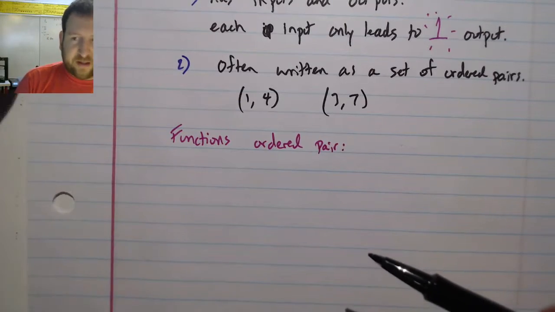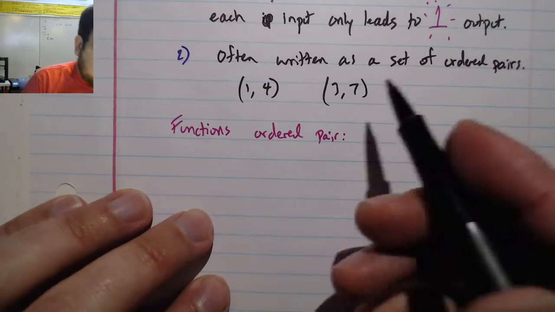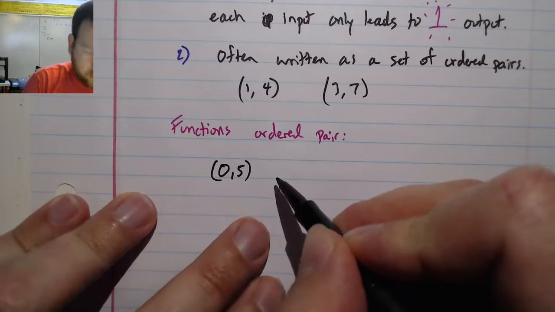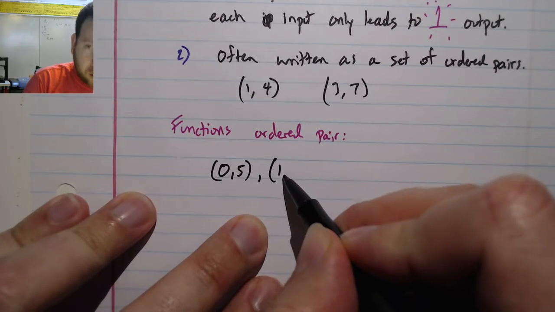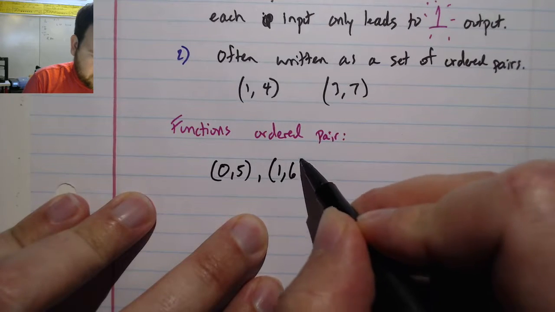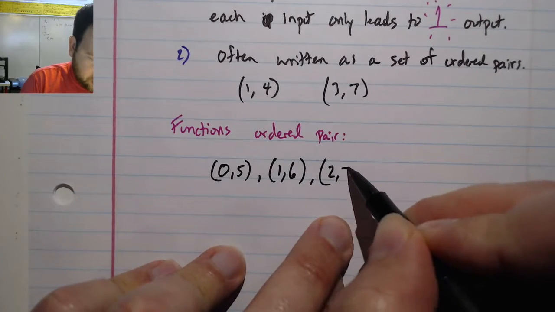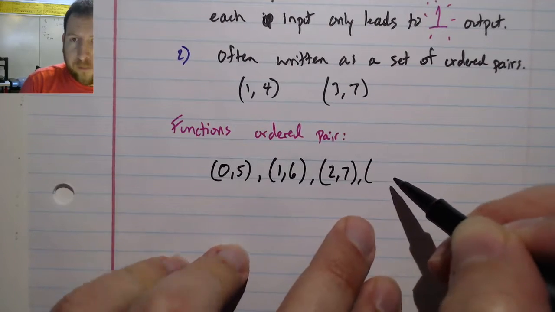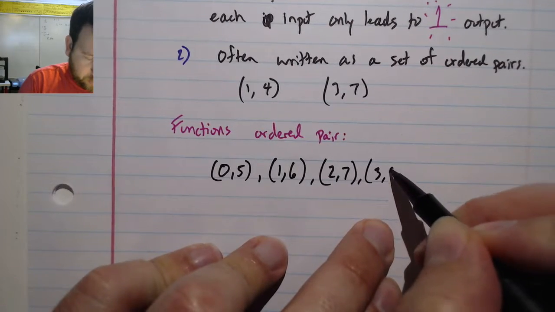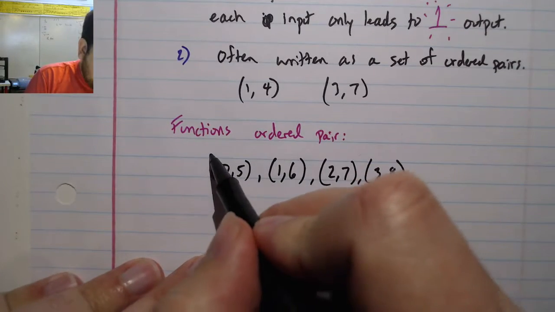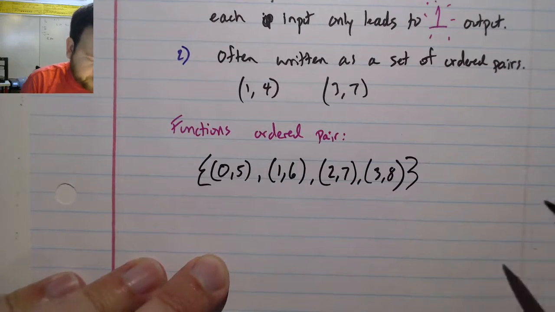It'll have a set of ordered pairs like this. And then the entire function is put in brackets.